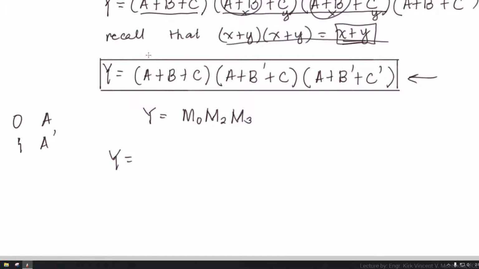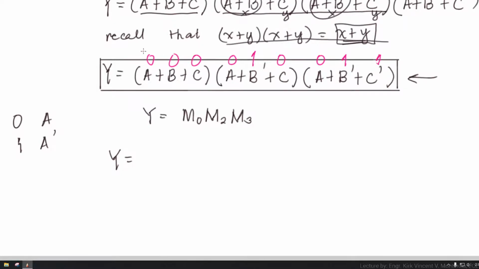Siya ay may binary equivalent na. So A, so not uncomplemented. So this is written as 0. Then this is 1 is 0. Then this is 0 also. Then this 0, uncomplemented ay 1, then 0. And this one is 0, then complemented ay 1.